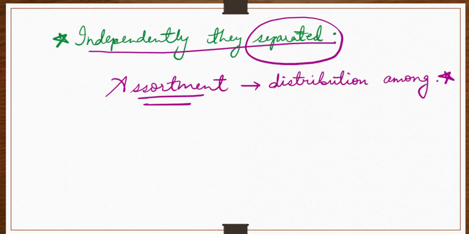This is known as the law of segregation, and this is the law of independent assortment.